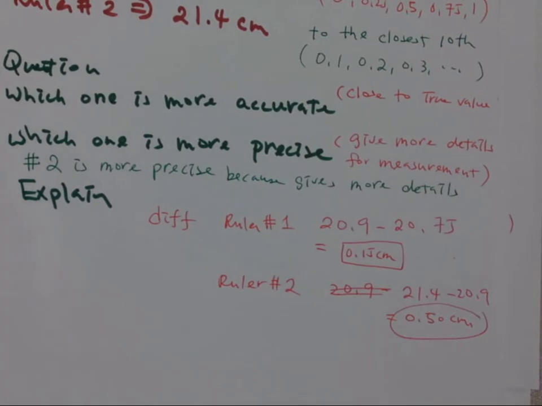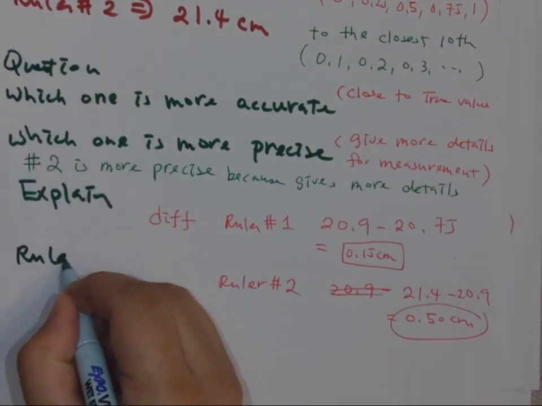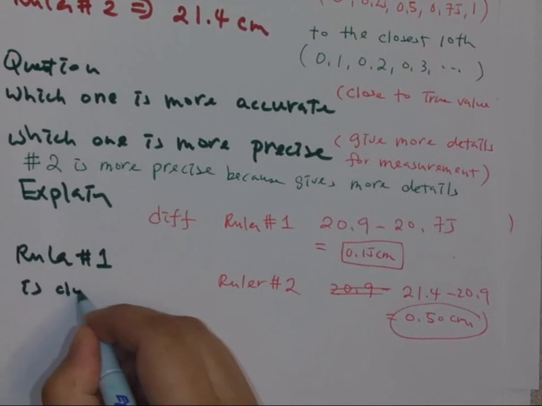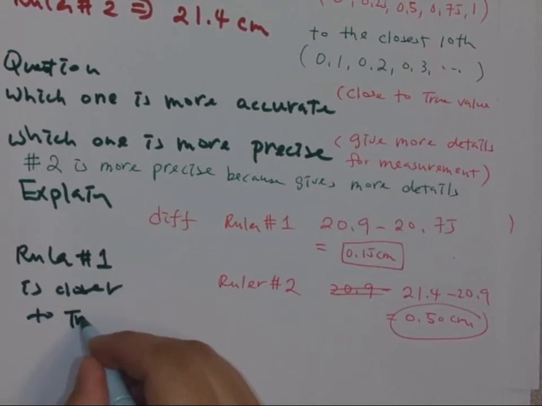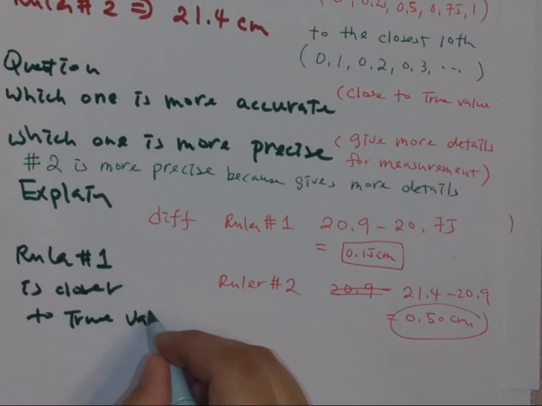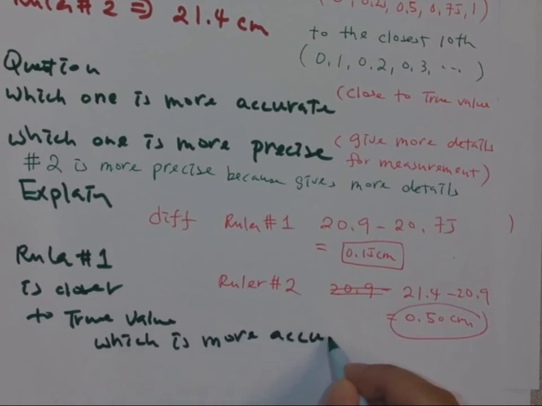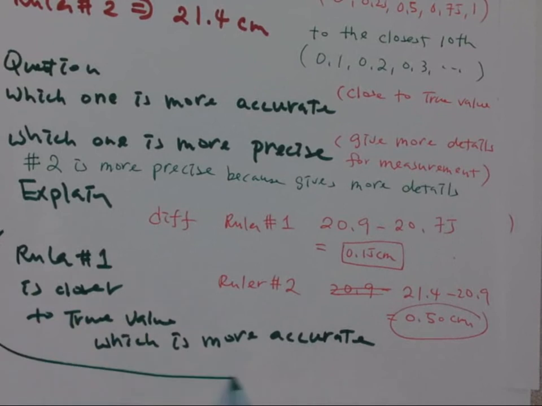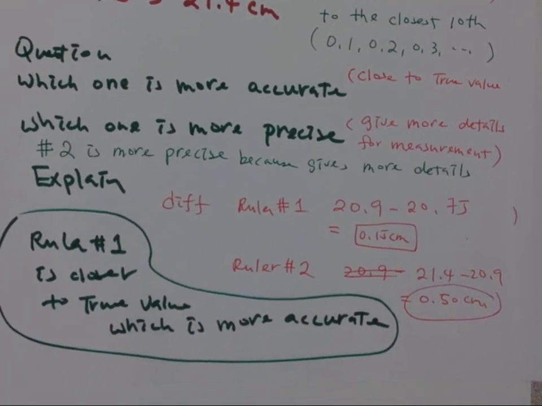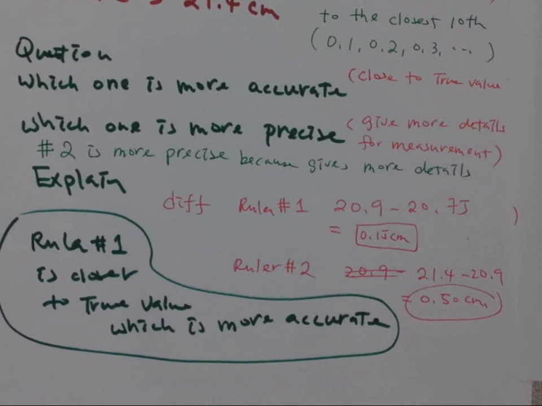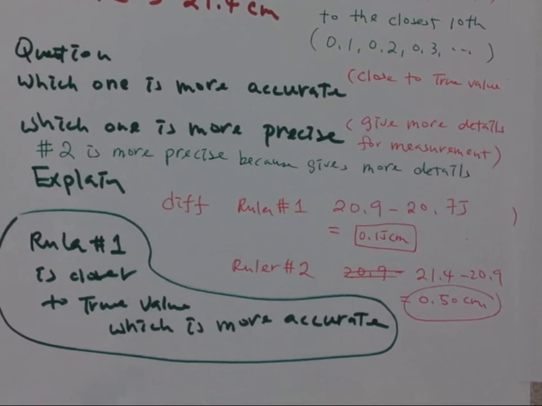Ruler number 1 is closer to the true value, which means ruler number 1 is more accurate. Are we okay? You may have a question like that, which you have to explain a little bit. Questions? Got it? That's pretty much for 2.2.